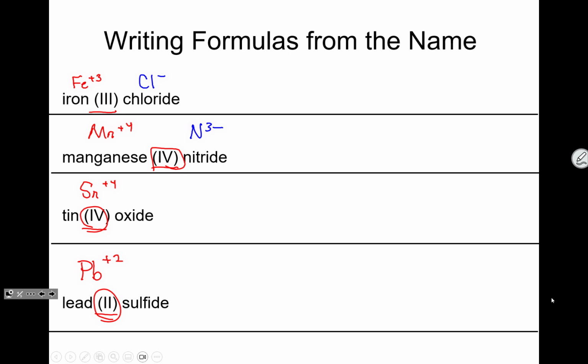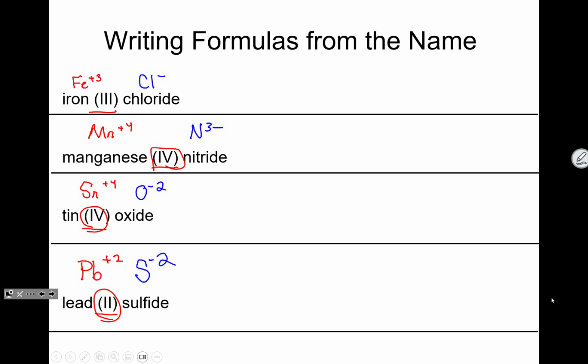Oxide is in 6A, so 6 valence electrons to have an octet. It'll gain 2 electrons and have a -2 charge to form oxide. And then sulfide is in 6A, and the symbol is S, and it gains 2 valence electrons to be like the closest noble gas, and will have a -2 charge.